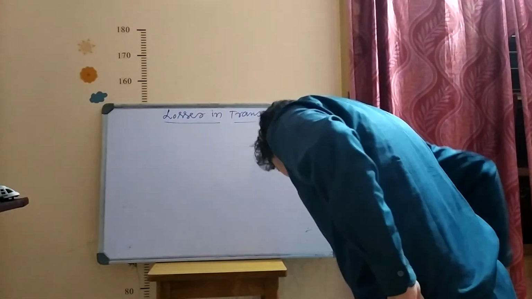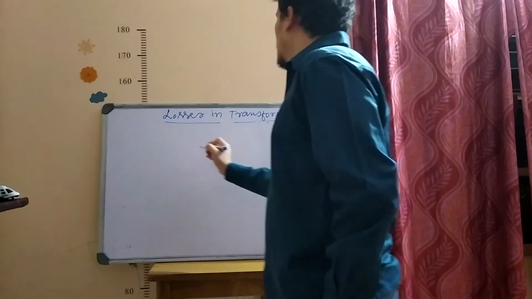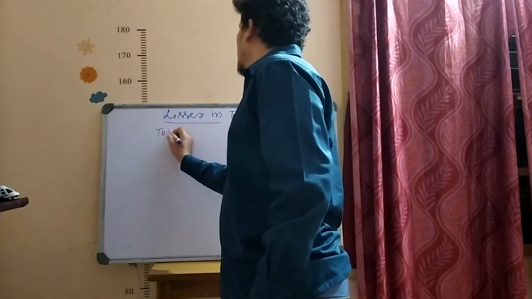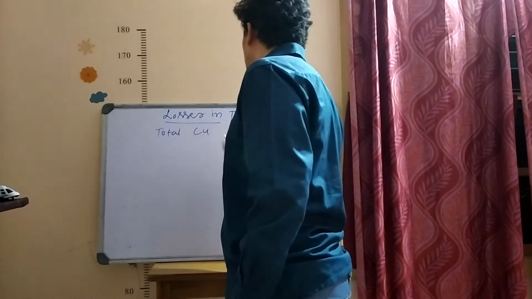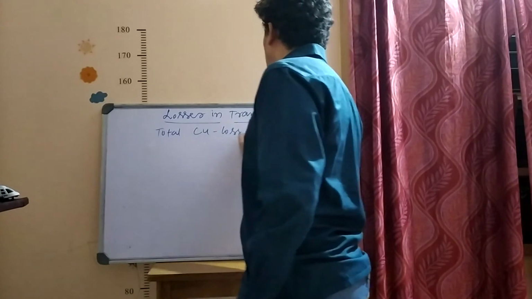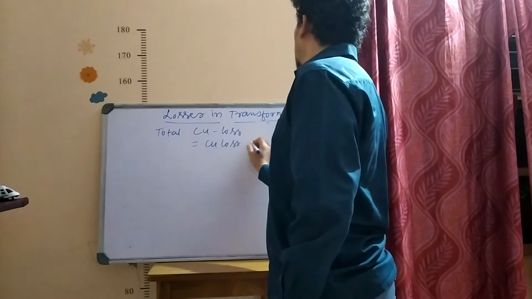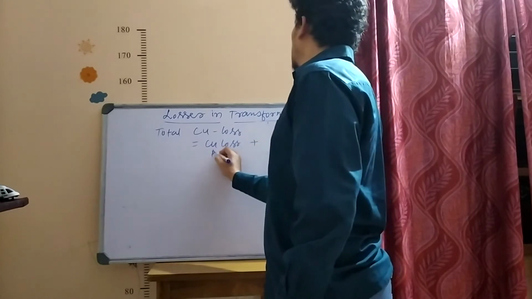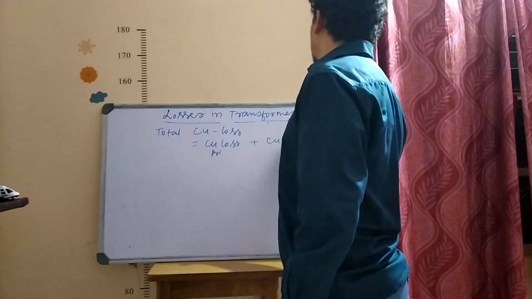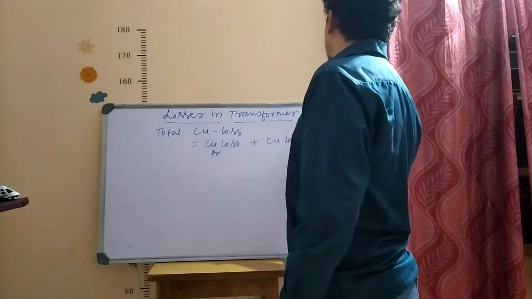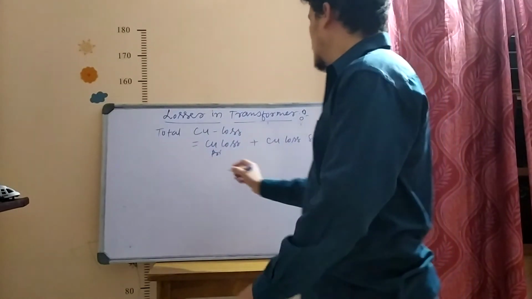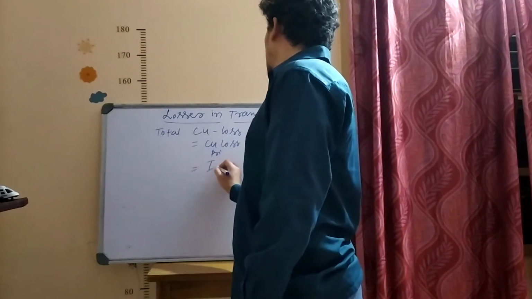Okay. Now what is copper loss? Total Cu loss must be equal to Cu loss in the primary plus Cu loss in the secondary. What is the Cu loss in the primary?